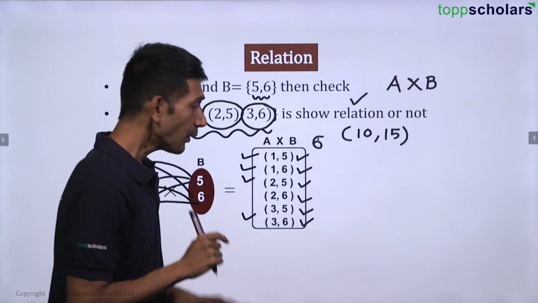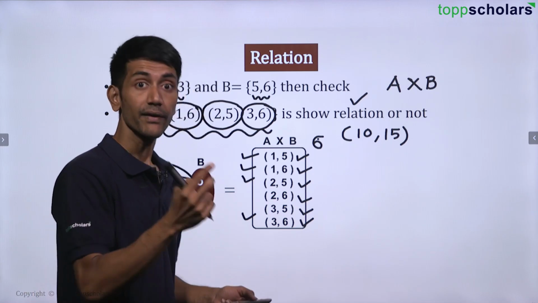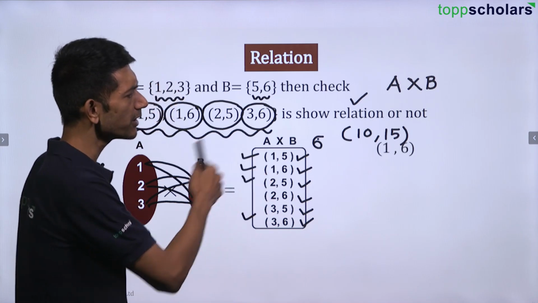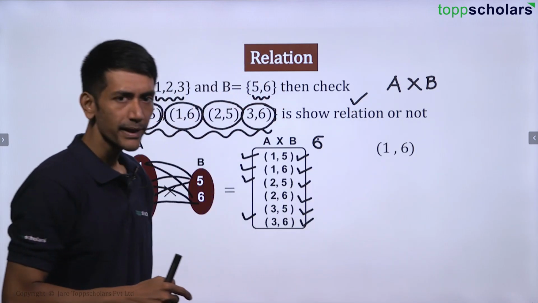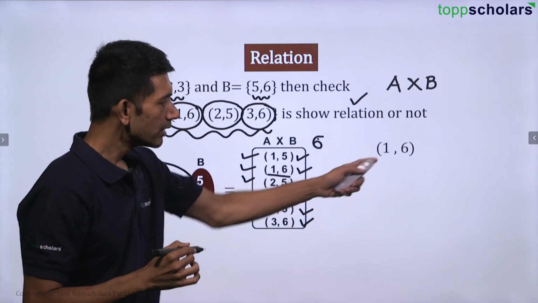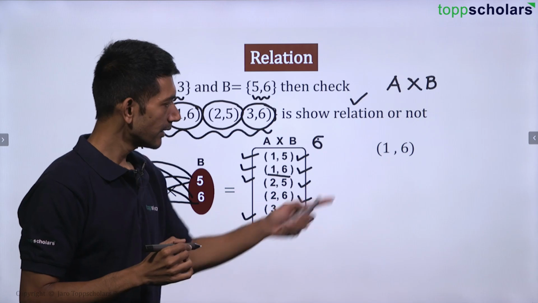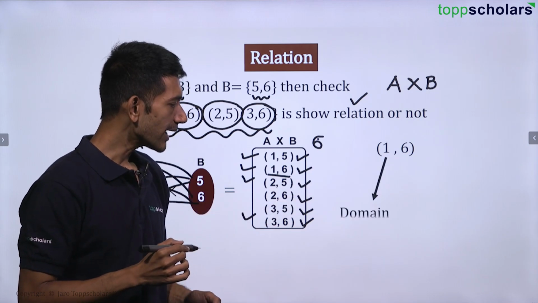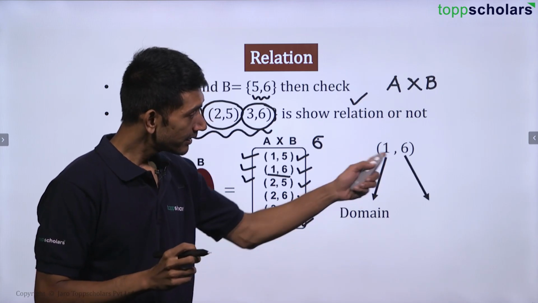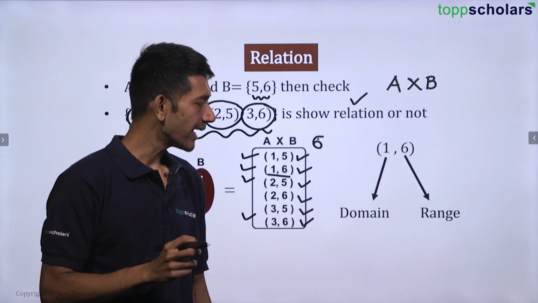Okay. Now understand one more important term here. In fact, 2 important terms here. Suppose I take the ordered pair (1, 6), right? So this ordered pair I have picked up. Always remember, the first element, that is 1, is called the domain, and the second element is called the range.